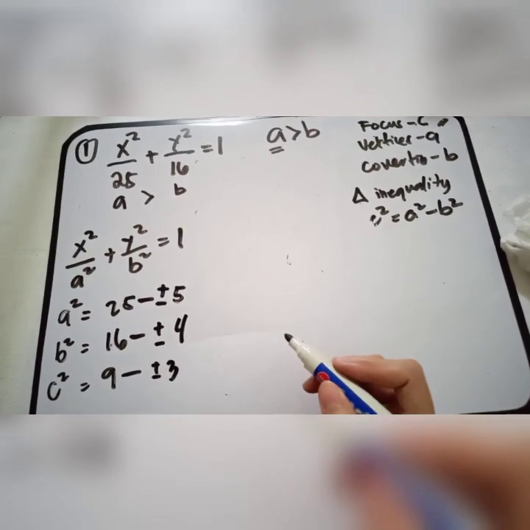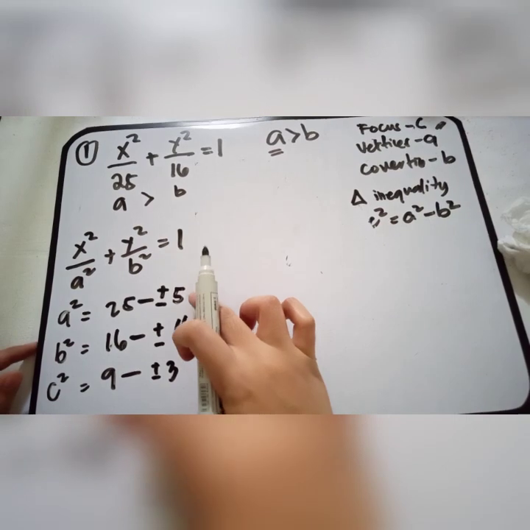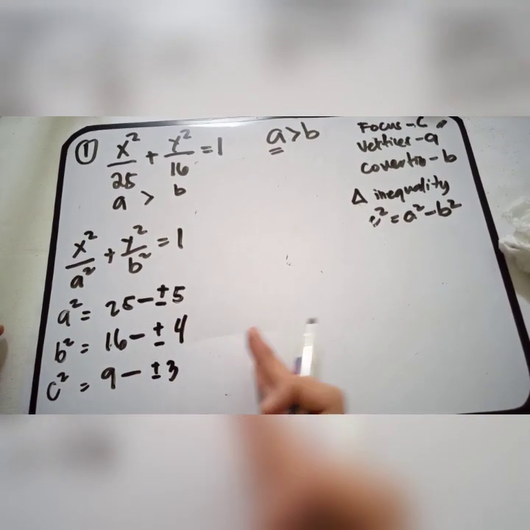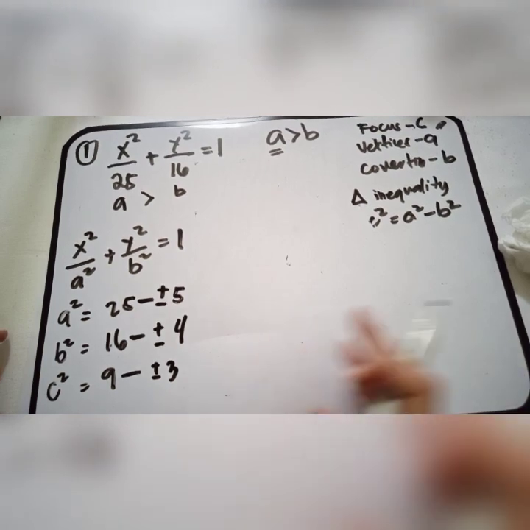Now, how do you know if positive 5 and negative 5 lie on X or Y, or on H or K?